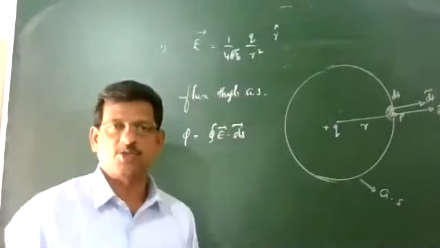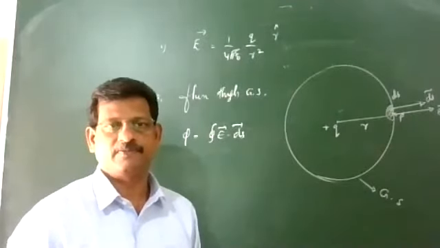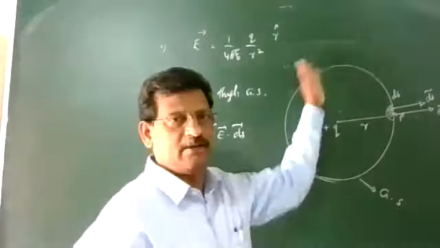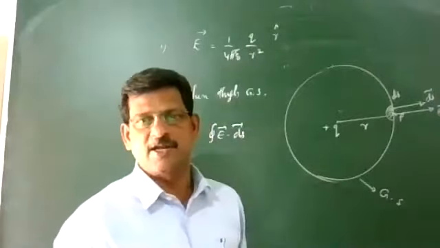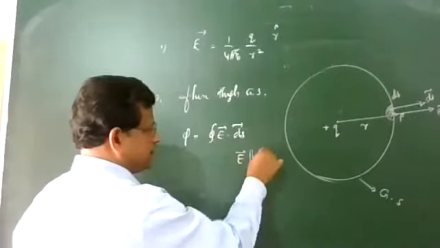E vector and ds vector are parallel around the point P. Anywhere you take on the spherical surface, E vector and ds vector are parallel. So here we write E vector parallel to ds vector.